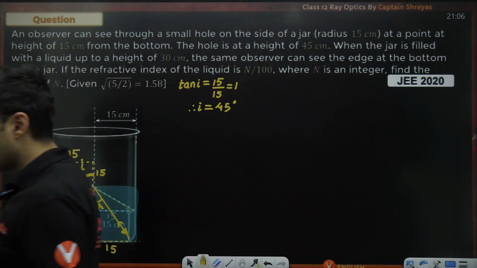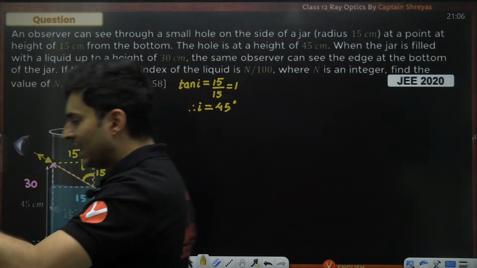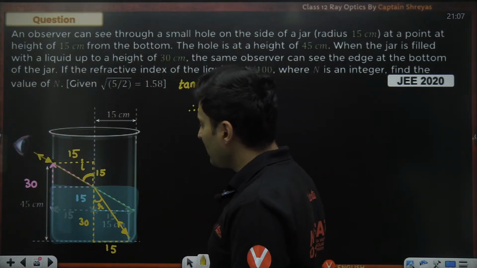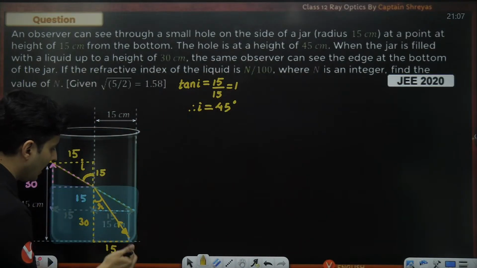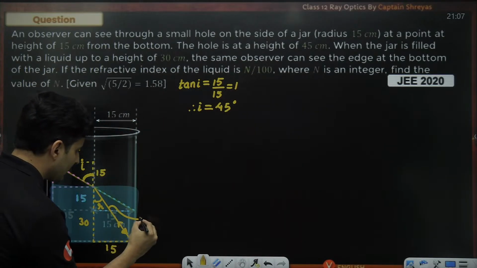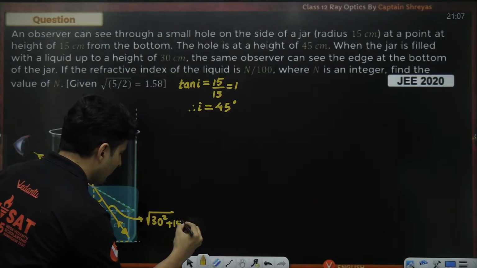Is this much part clear? Everyone with me? Why is the incident angle 45 degrees? Very good. Now coming to the next part. What about the angle of refraction? See, if this is 30 and this is 15, the hypotenuse, that is this side, will be the root of 30 squared plus 15 squared. Why am I doing that?